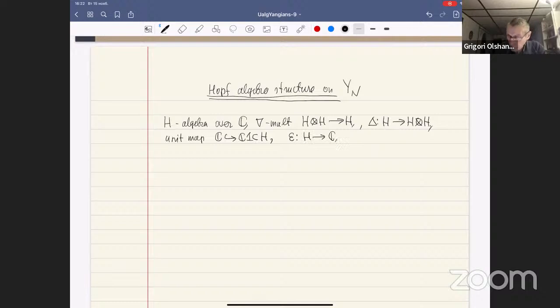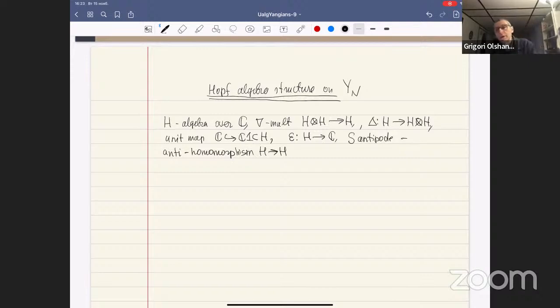And the antipode, which is an anti-homomorphism of our algebra.